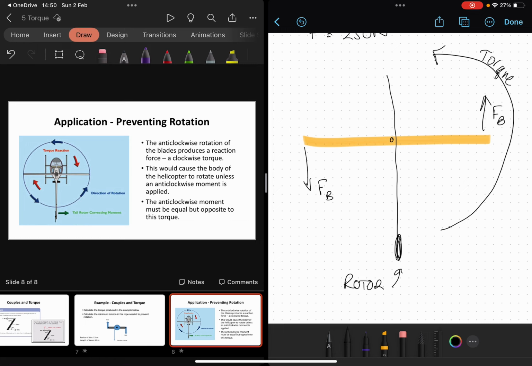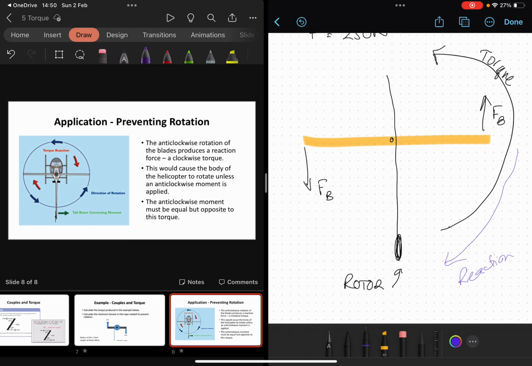Now, Newton's third law says for every action, there's an equal and opposite reaction. So as the blades push against the air, the air pushes back against the blades, and we get a clockwise reaction force. And that means that the body of the helicopter is going to start rotating in a clockwise direction. And that's not going to be helpful.